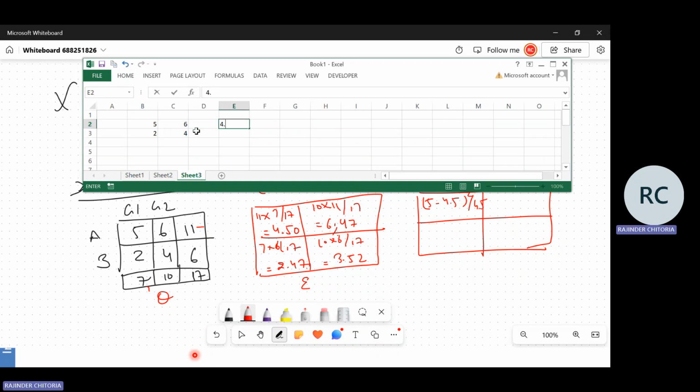The other row we have 4.5, 6.47, 2.47, 3.52. We are running the formula: observed minus expected, squared, divided by expected.